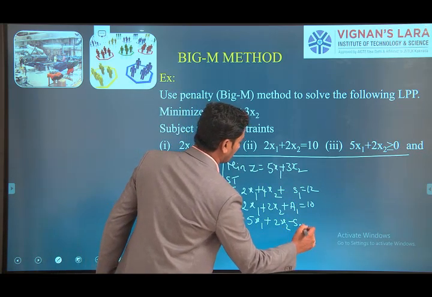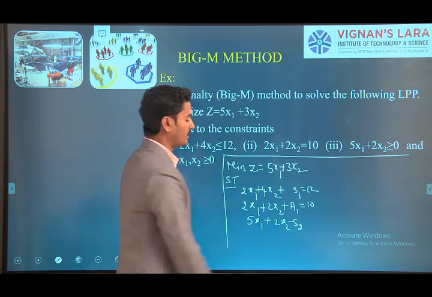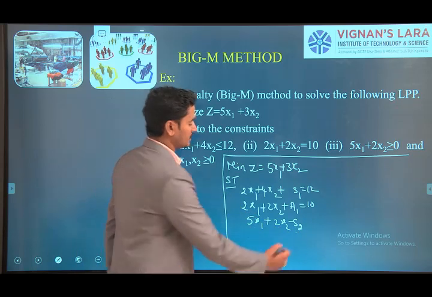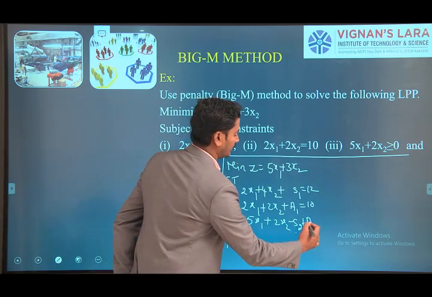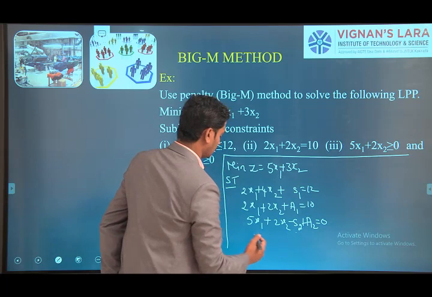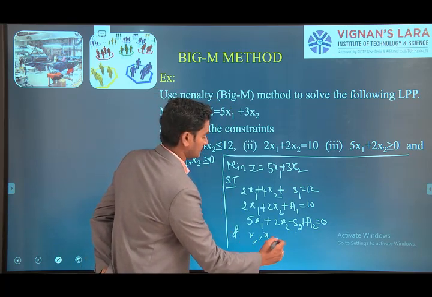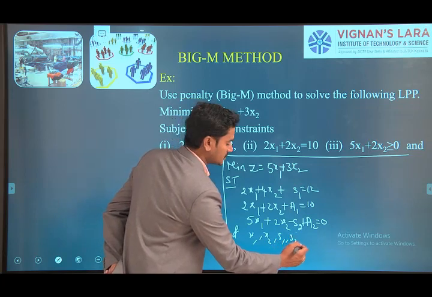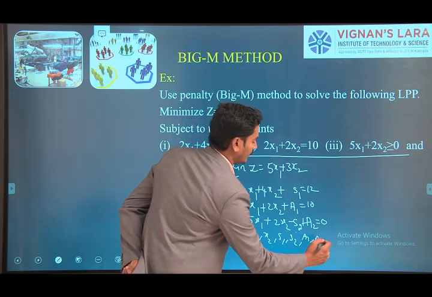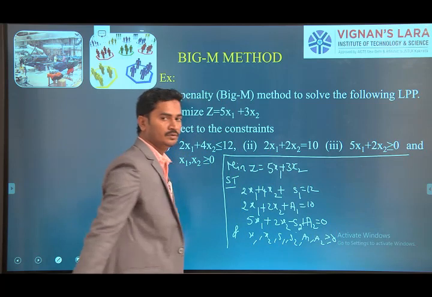Already we have S1, that's why I am indicating S2 here. Minus S2 plus A2 is equal to 0, and X1, X2, S1, S2, A1, A2 are greater than or equal to 0.